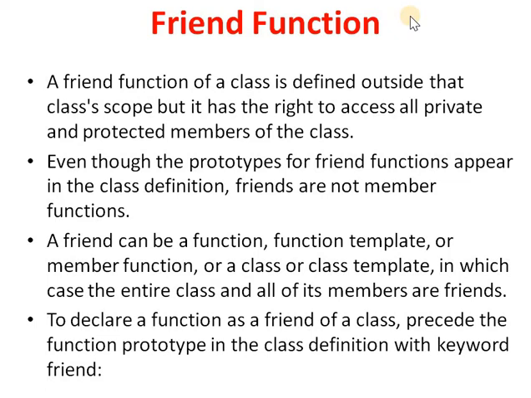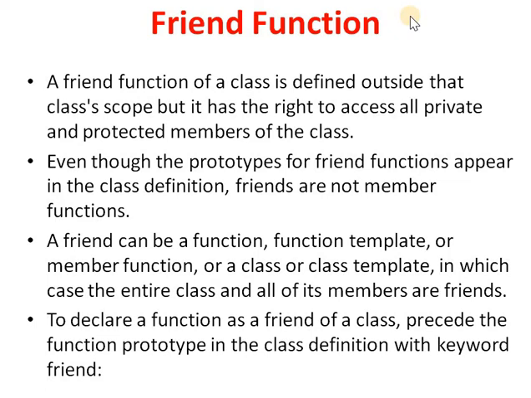The friend function of a class is defined outside of the class scope, but it accesses the private as well as protected data members. Why is it called a friend function?